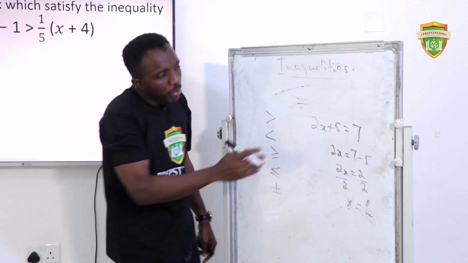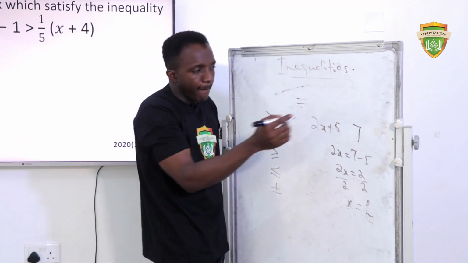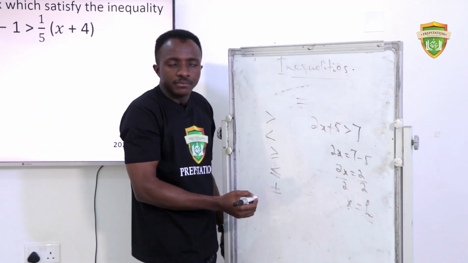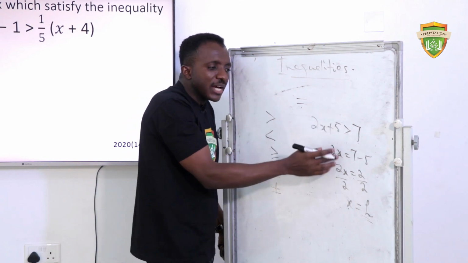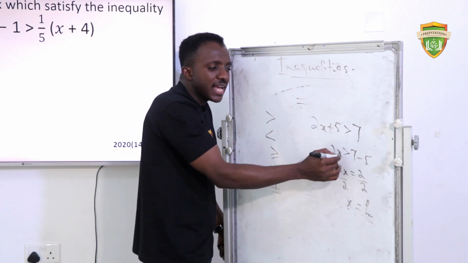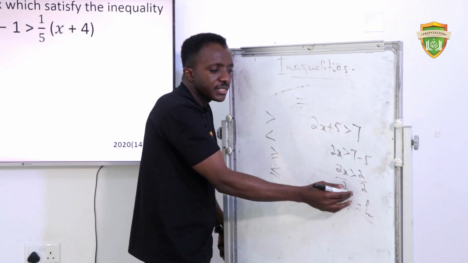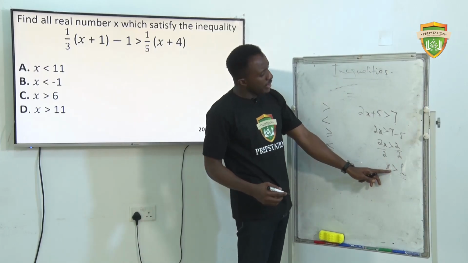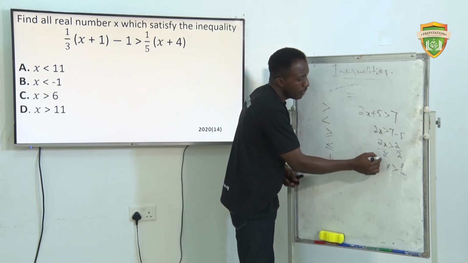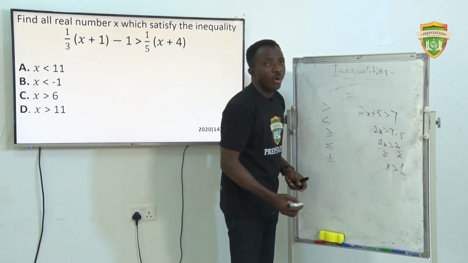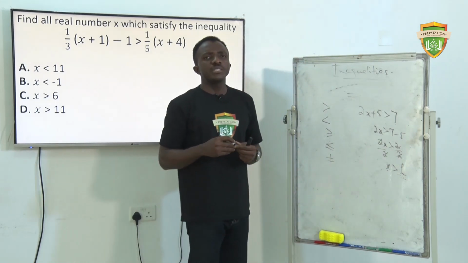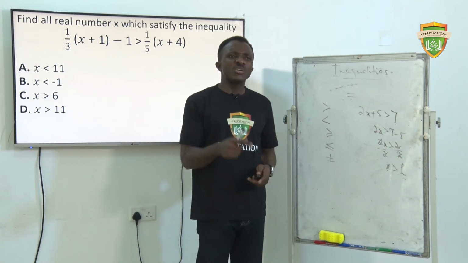X is 1. But if this was an inequality sign, let's say greater than, and I try to solve this question, the equal sign changes. If we divide 2 by 2, we have 1. Now, I was telling you the difference between an equation and an inequality.